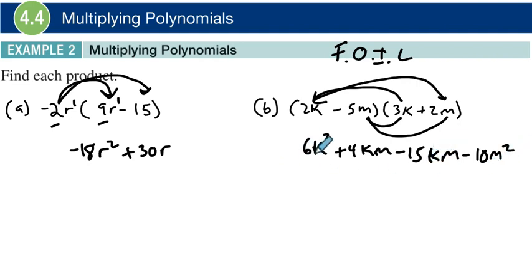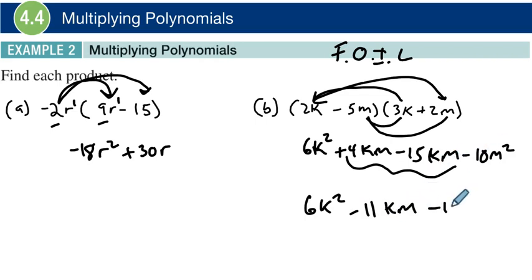Great, but we don't want to stop there because we have some terms that we can actually combine. We cannot combine 6k squared and 10m squared because they have different variables. But we can combine these two middle terms, because they have the same variable and the same exponent. So I'm just going to bring down the 6k squared. 4 minus 15 is going to give us a negative 11km.